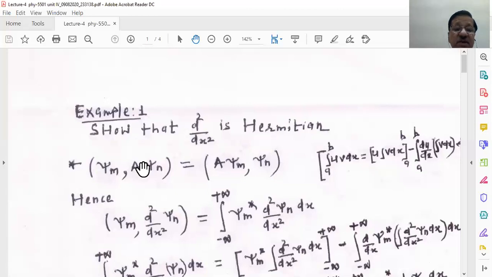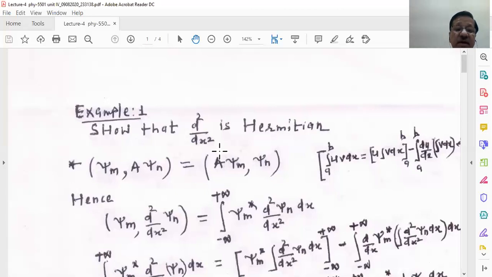So here you see, if A is Hermitian, the operator A is associated with the second factor in the scalar product, and on the right hand side it is associated with the first factor of the scalar product.